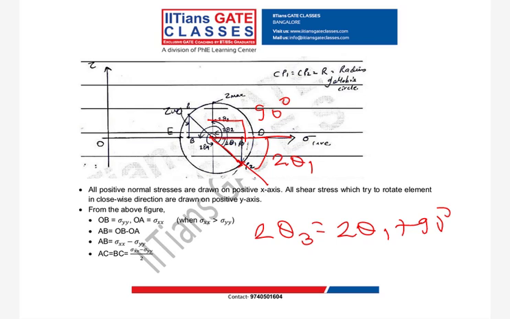So what is my theta 3? Theta 1 plus 45. Is it clear? This is what we derived in initial classes mathematically: tan 2 theta 1 into tan 2 theta 3, if we multiply, it comes minus 1. Clear?